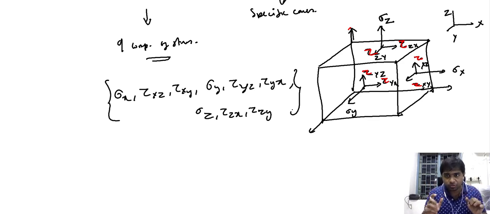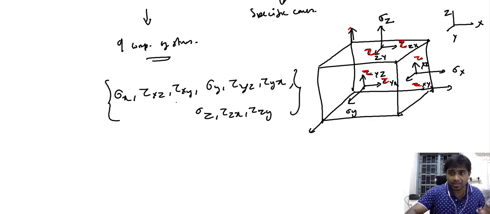And these 9 different components of the stresses depend on the plane and the direction. So we need to assign 2 different indices to this quantity, and only then will they assume a different value.